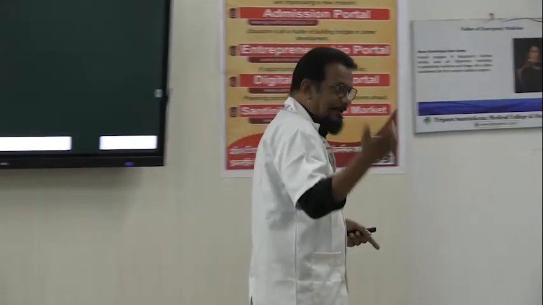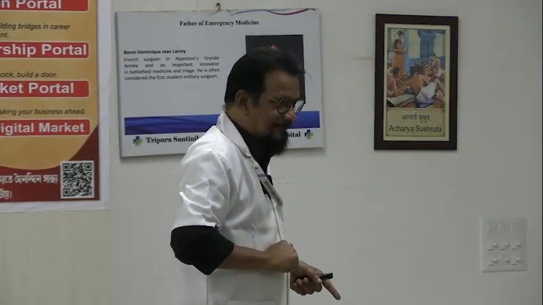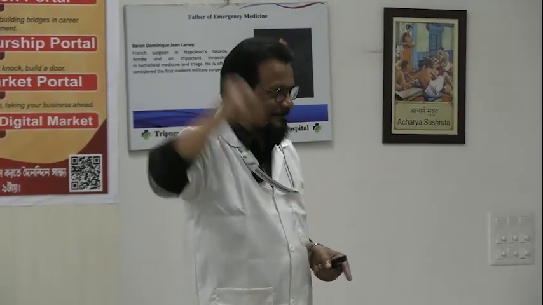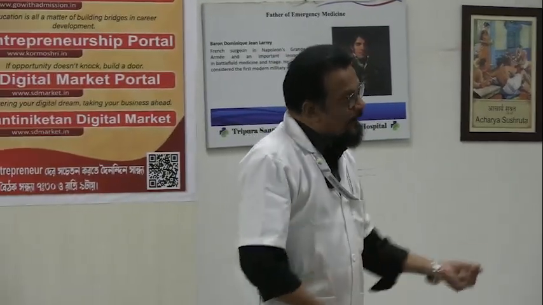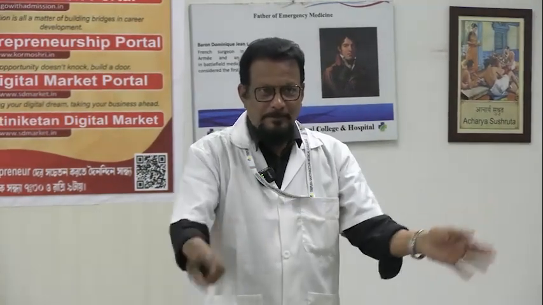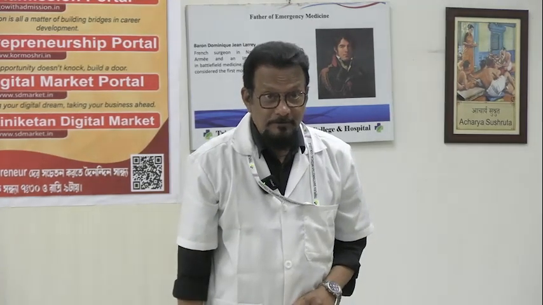RBCs, with the help of this negativity, can remain in suspension. They are not sedimented while in circulation. So if I add some positively charged ion, what will happen? This will be neutralized and you will not be moving, you will be settling down. And who can do it?